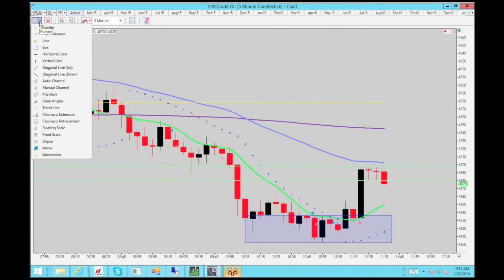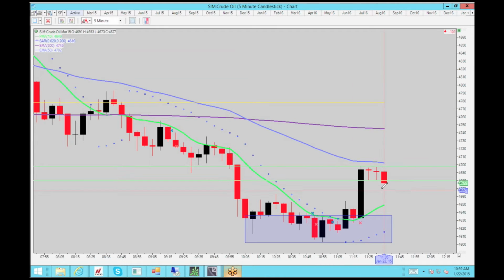Like we did last week too, you can draw boxes. So you can see here's the low of this candle. See that push there.